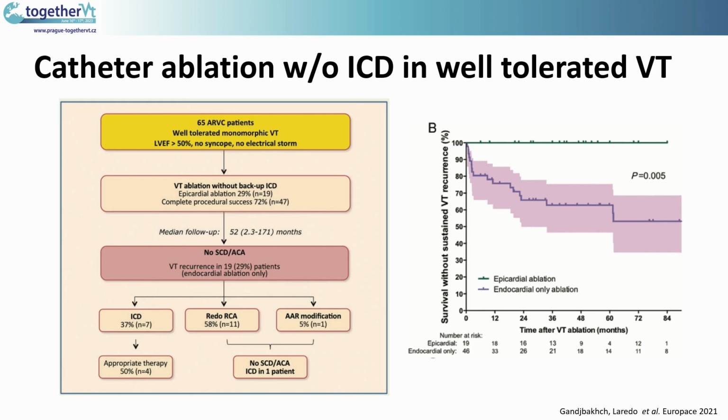In these patients with well tolerated monomorphic VT without other risk factors for sudden cardiac death, of course, we found some recurrence of ventricular tachycardia, especially if we only made endocardial-only ablation, but we found no sudden cardiac death in a follow-up of nearly 5 years.